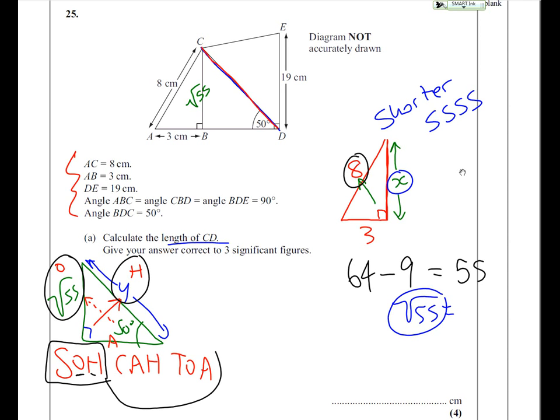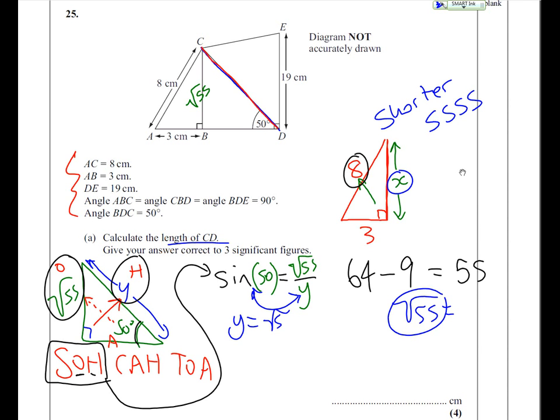So sine of the angle equals opposite over hypotenuse. It's a way to remember the formula. Our angle we know is 50 degrees. Our opposite we know is root 55. And we've said that we're calling the hypotenuse y. You could have kept it as h if you wanted to. Times it by y, divide by sine 50. Do it at the same time if you want.